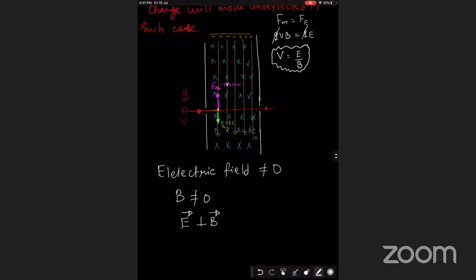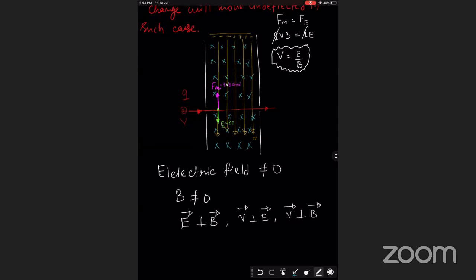Please imagine it. And one more thing: velocity and electric field. Look at the diagram. What is the angle between velocity and electric field? They are also perpendicular. Velocity and magnetic field are also perpendicular. So a lot of conditions are there.